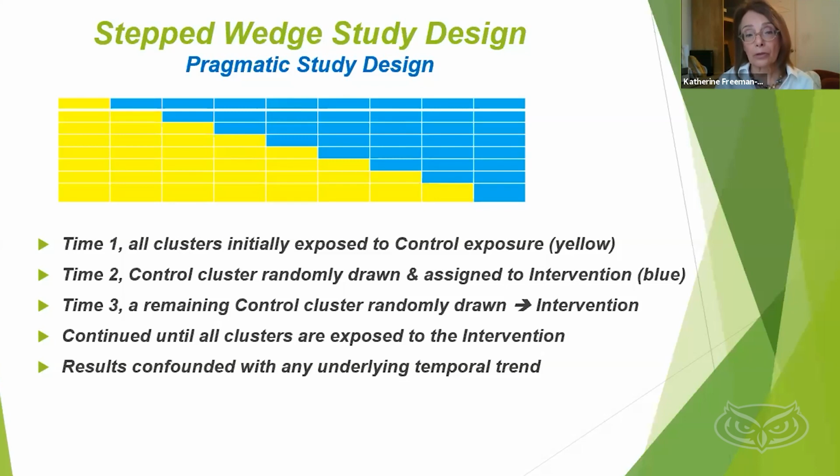And then as time goes on, one more is chosen at random and assigned to the intervention group. And this is done because not only do you have physician panels that are more homogeneous, but you can have classrooms, you can have different regional areas that the government assigns different interventions.